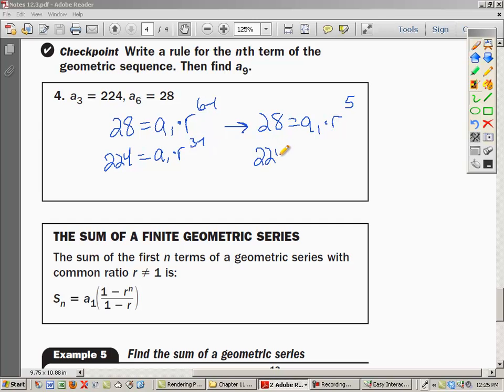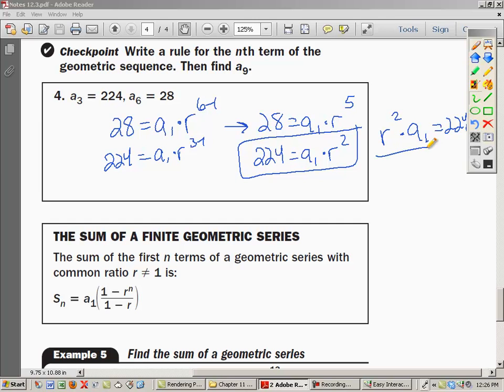So 224 equals a sub 1 times r to the 2nd. All right, now, doesn't matter which one we do. I'm going to just pick this one here. R squared times a sub 1 is equal to 224, and so if I want to solve that for a sub 1, so I can do a substitution, divide both sides by r squared, and a sub 1 is equal to 224 over r squared.